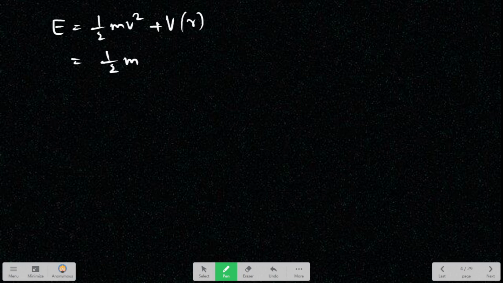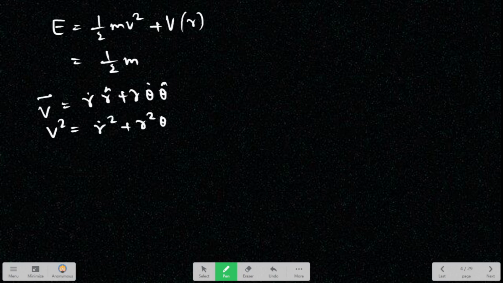In polar coordinates velocity is equal to r dot r cap plus r theta dot theta cap. So v square is equal to r dot square plus r square theta dot square. Substituting that, we get half m r dot square plus r square theta dot square plus V of R. Now we need to find what theta dot is.